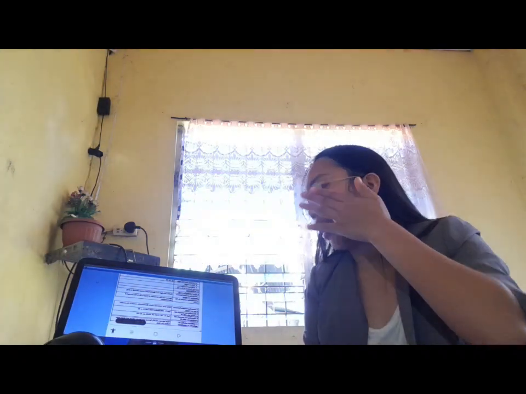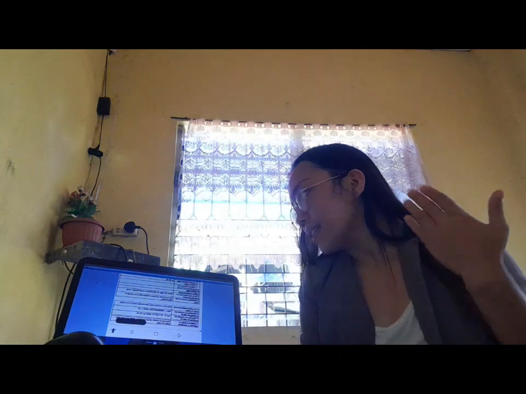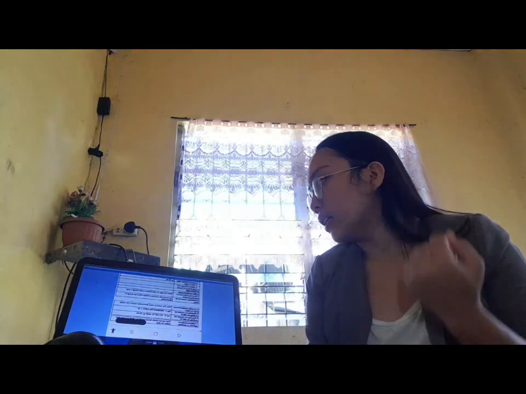So you have to explain and give examples for the two terms so that your learners can comprehend the difference between the two and how they are distinct from one another. Next is discussing new concepts and practicing new skills. And the last one is additional activities for application or remediation.